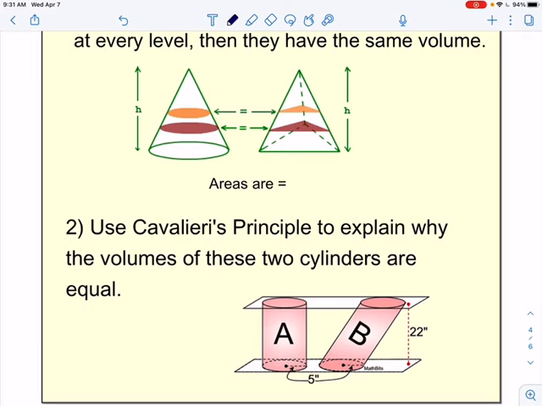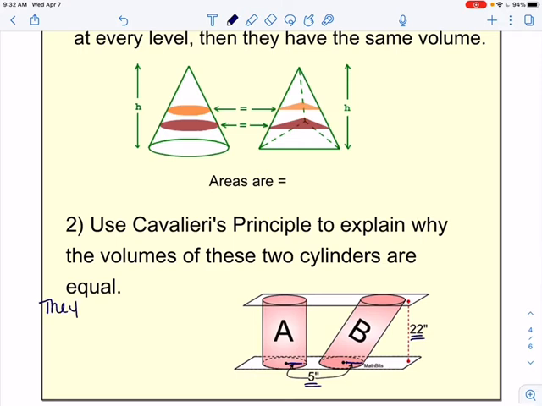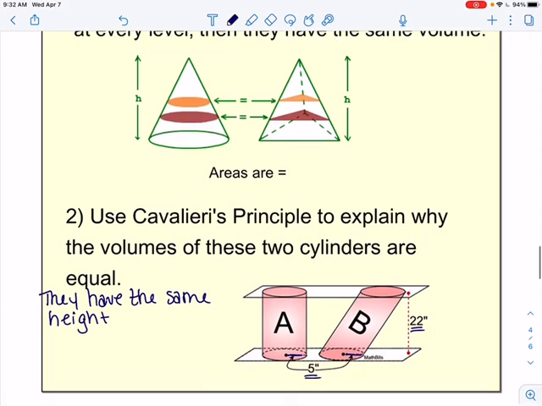They have the same exact height, and the radius here is 5 and the radius here is 5, which means the area of the circle at any level would be the same because your radius is the same. So they have the same height, and the cross-sectional area at every level is equal.